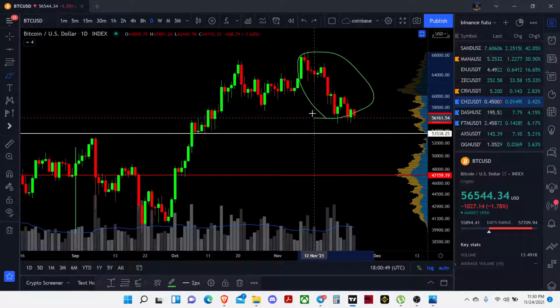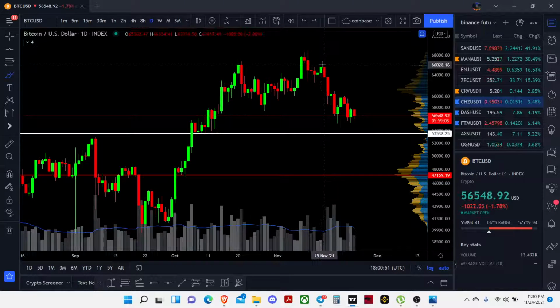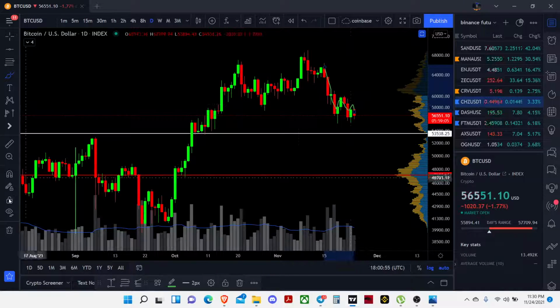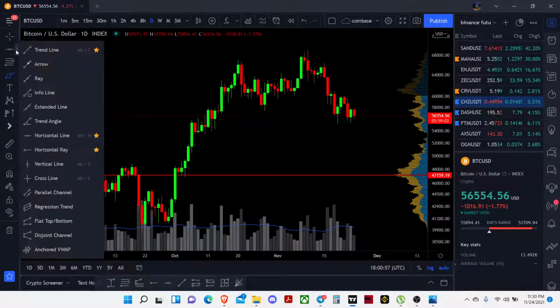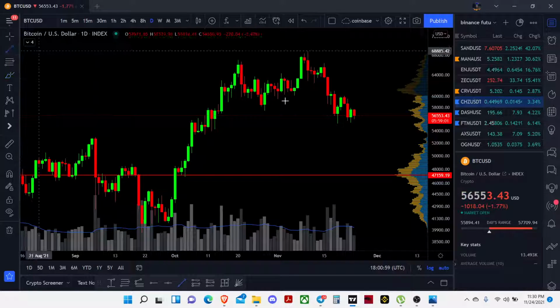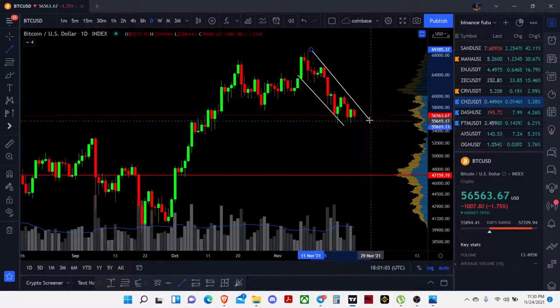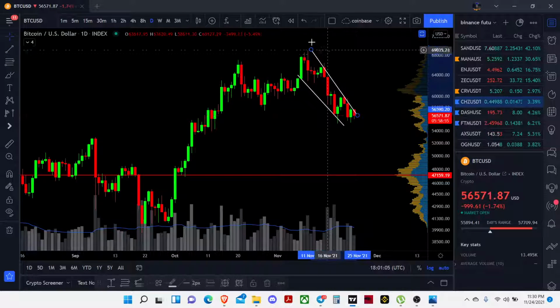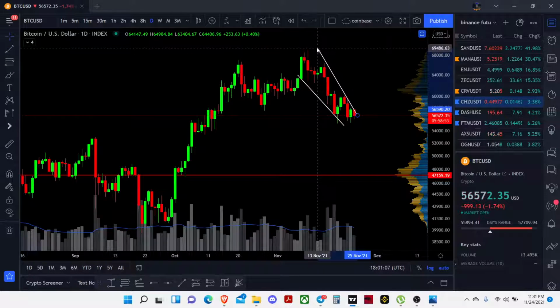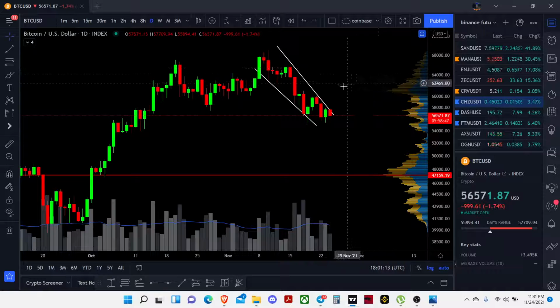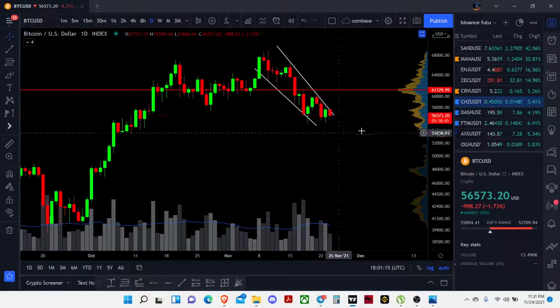So the sellers are a little bit weak because here they had a big momentum, but the momentum is coming back down. Yeah, it's coming down because if you are drawing a trend line like this, you can see that this is some kind of falling wedge like pattern. Not that strong, but it is trying to make a falling wedge like pattern.